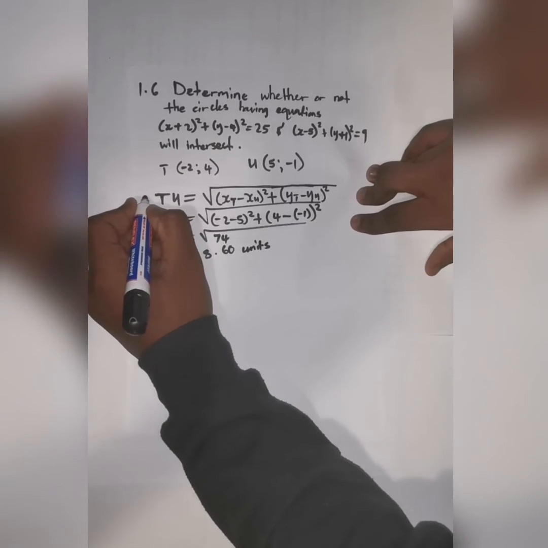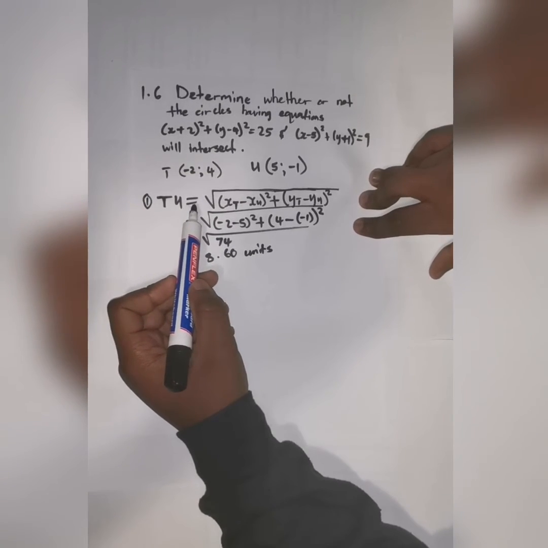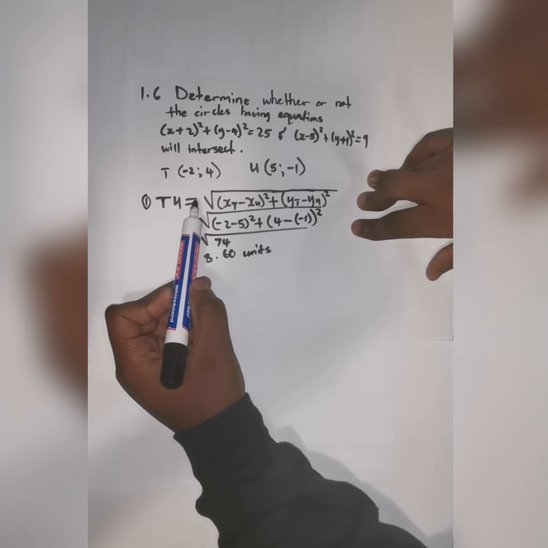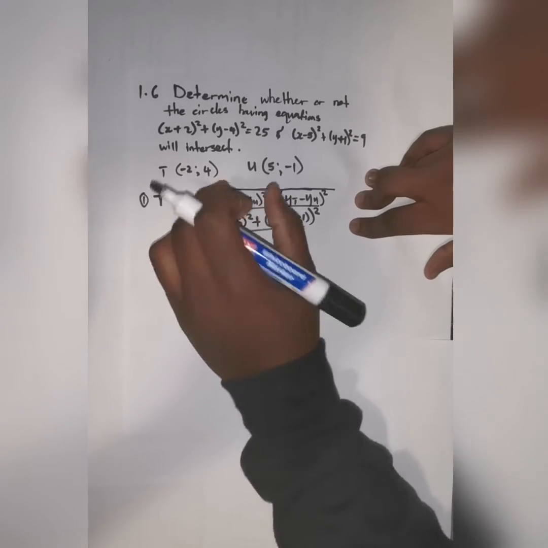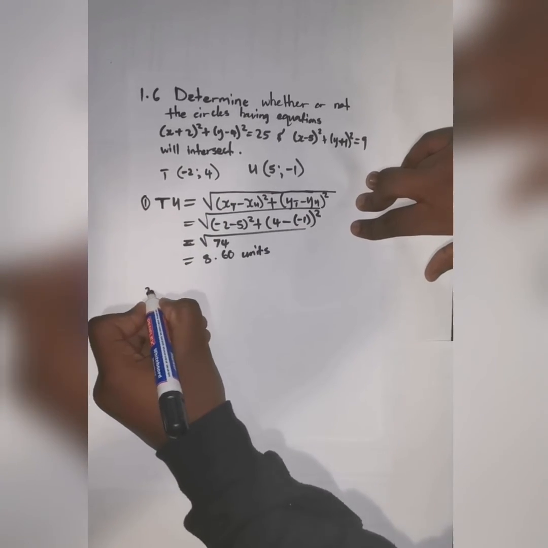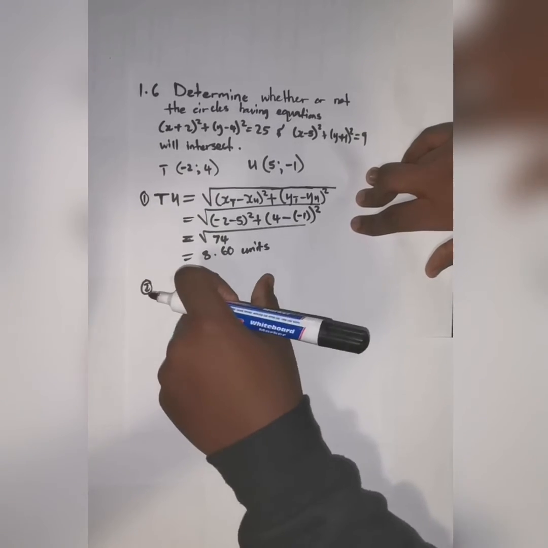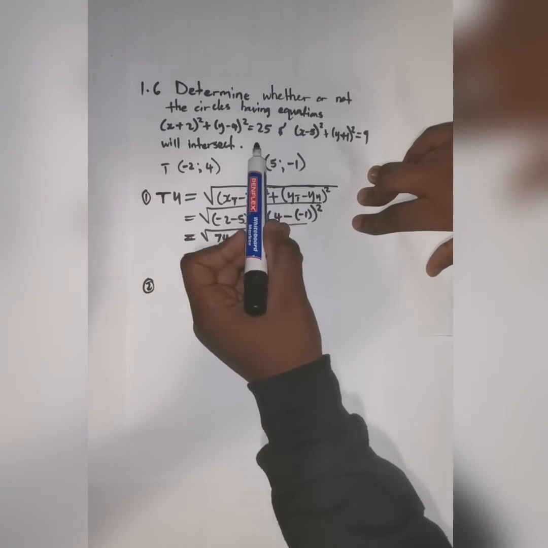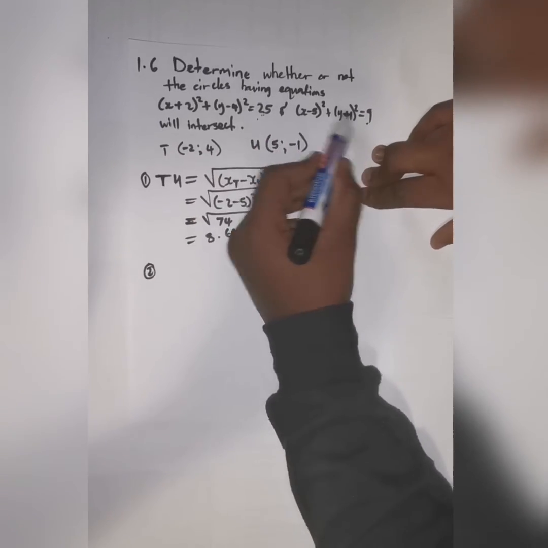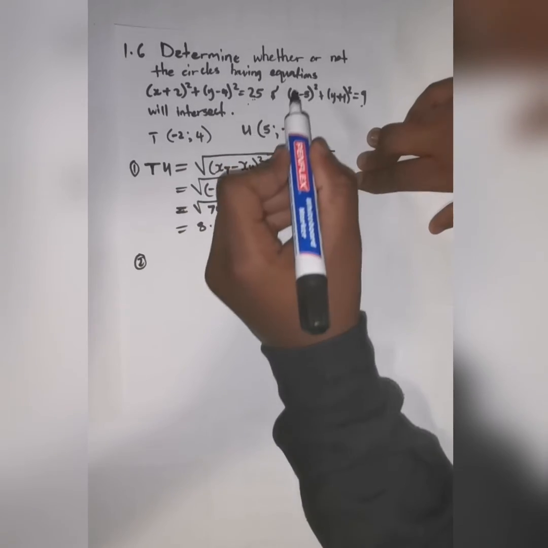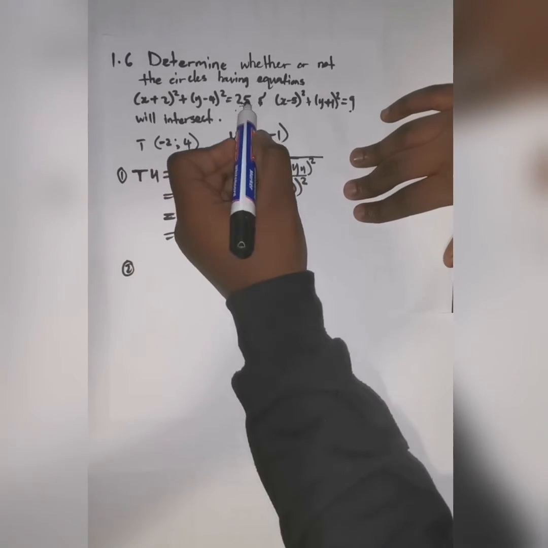I said we're going to do it in 2 steps. The first step, you determine the distance between the 2 centers, which is TU. The second step, you determine the circle radiuses. As you can see from the given equations, these right here are R squared from the standard equation.